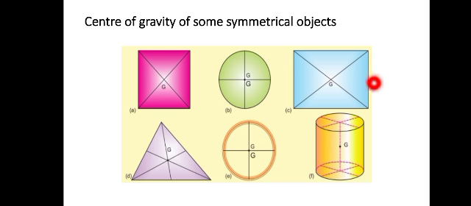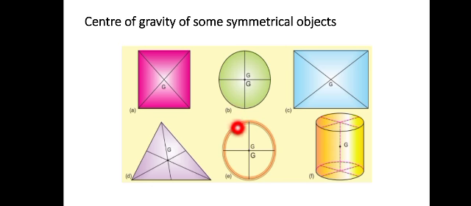Now in figure B, it is a uniform circular disk, and the center of gravity of a uniform circular disk will be its central point. Actually all the lines meet at this central point, so this will be its center of gravity.